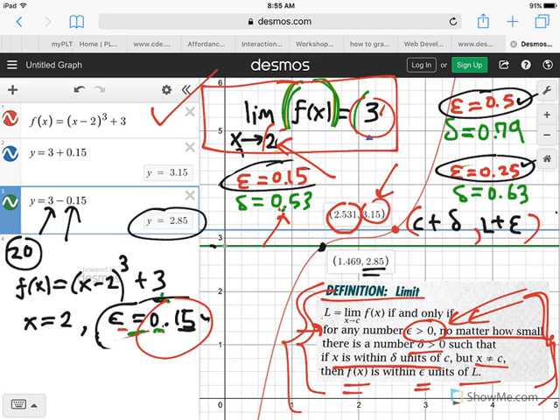If you want to generalize the coordinates here, you're going to have, for the y-coordinate, the limit minus epsilon. And for the x-coordinate, what is the x-coordinate? 1.469, which would be c, which is 2 in our particular example, minus delta. Delta is about 0.53. So we have c minus delta. So that's something important for you to understand as we now look at objective 2.